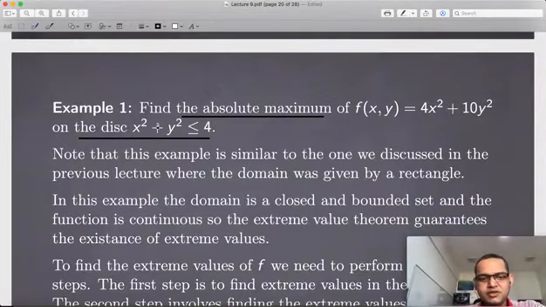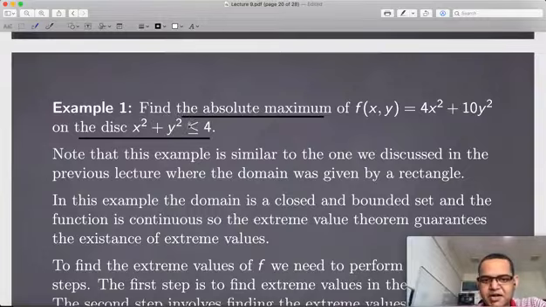So we have to apply our method: how do we find the absolute maximum or minimum of a function on a closed and bounded domain? In the interior part we do it as usual, but when we come to the boundary, now we have this additional method with us. When we discussed the example of the rectangular domain, we did not have this method, so we did it on each line by hand separately.